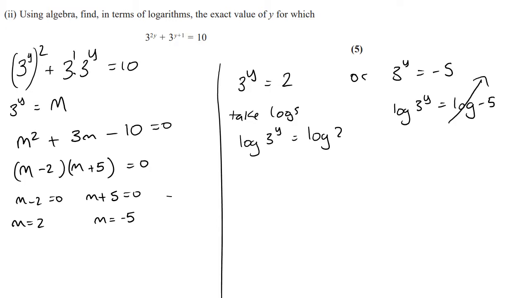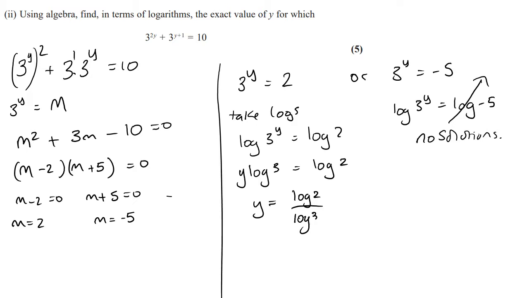Well, you cannot have a log of a negative number, so there's no solution to this side. So then we just focus on this one. Using the power rule, y log 3 is equal to log 2. So y equals log 2 over log 3.